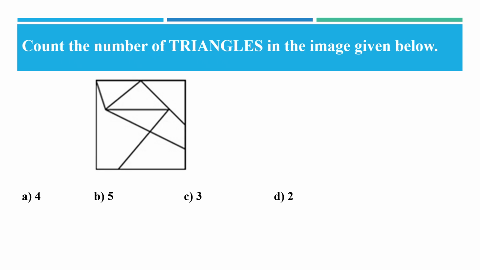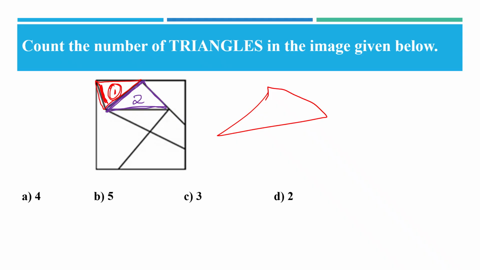Okay. The next question is, count the number of triangles in the image given below. A triangle, we all know, is a three-sided figure, and I see one here, 1, 2, 3-sided figure. So this is my first triangle, and I believe you have found the second one just close to that, the adjacent triangle. 2.